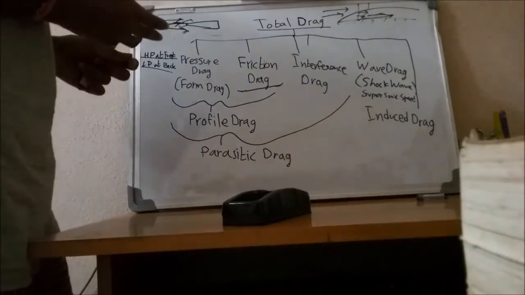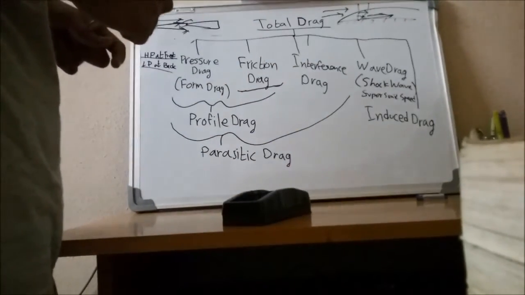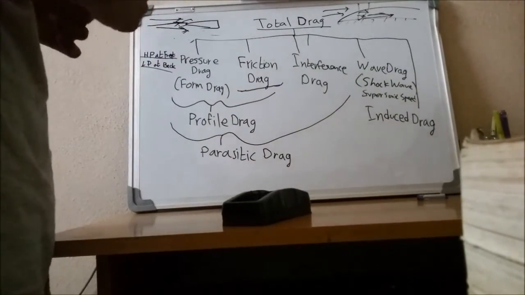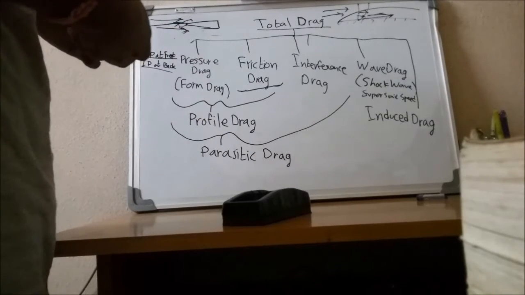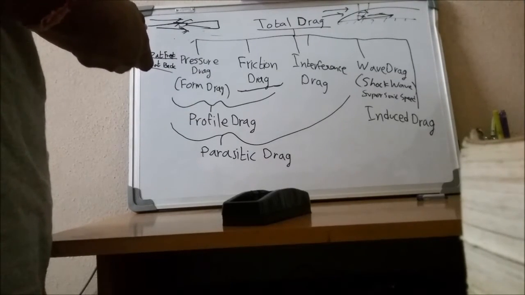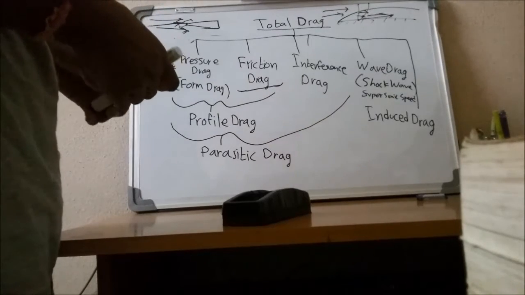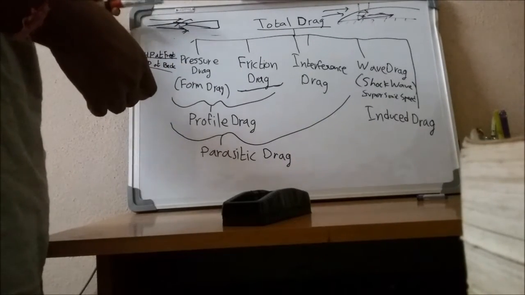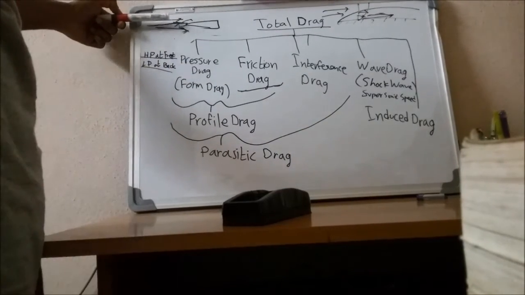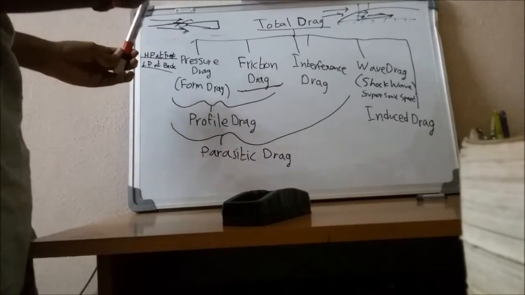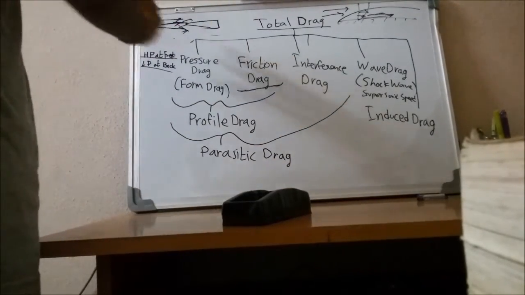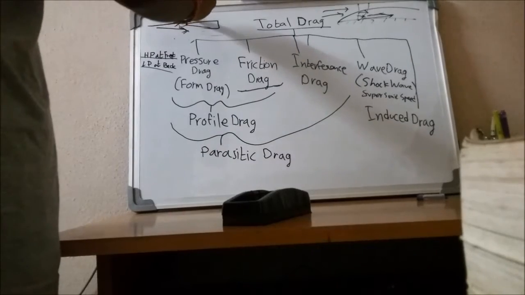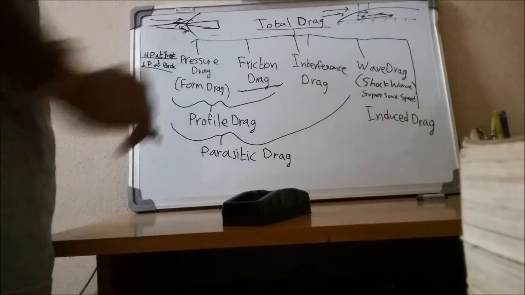And we also know that these pressure waves travel at the speed of sound. So if you have this object moving at higher speeds, then the fluid has very limited time to understand that there is an object coming in front of it. So it directly hits the object and it causes shock waves like this.